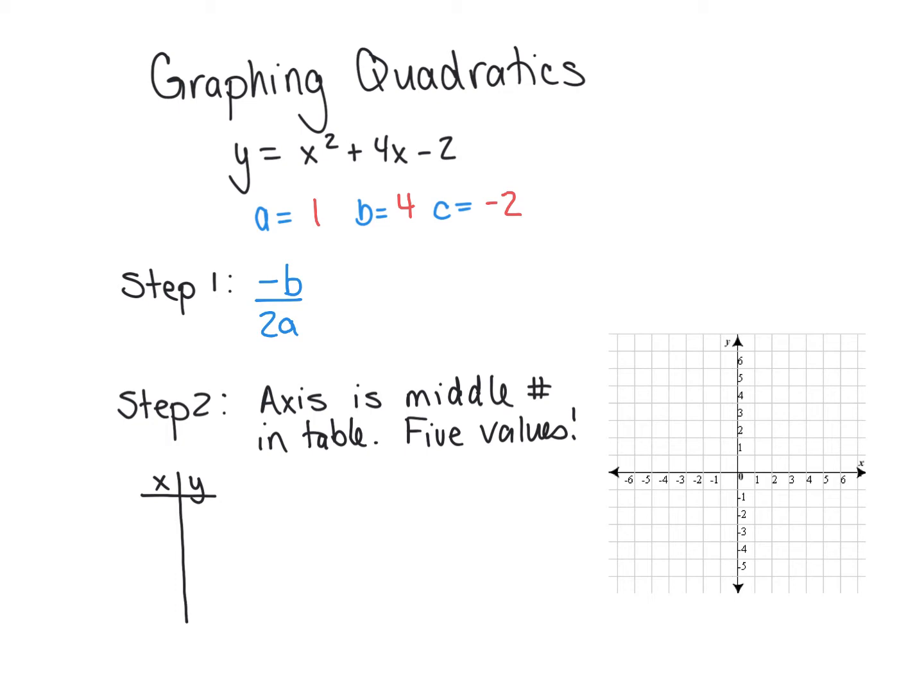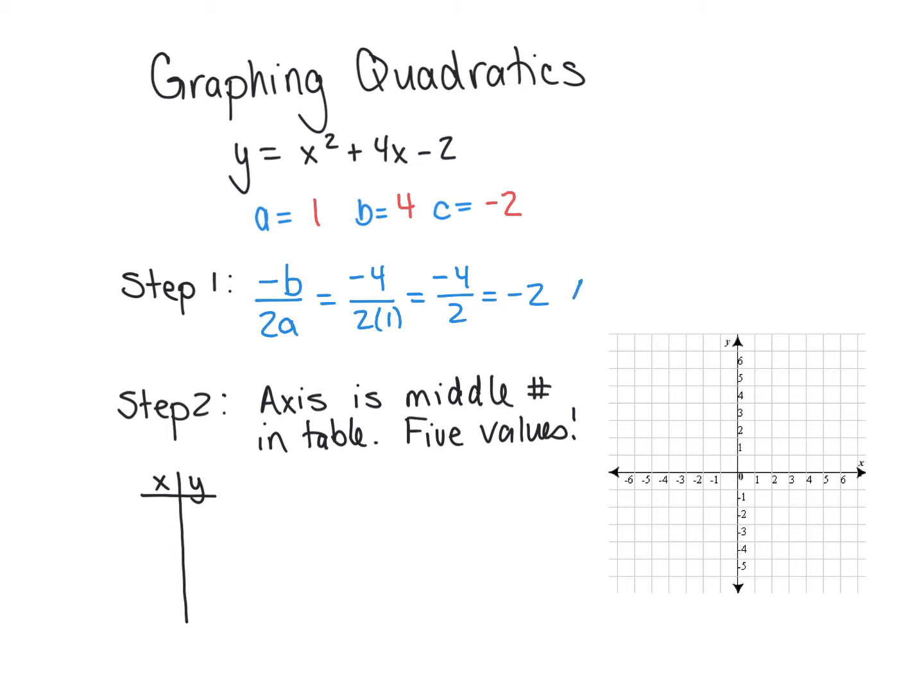So here you can see that our b is +4, so the opposite of +4 would be -4. And then our a here is going to be 1. When we plug these in, they are always numbers, they are never variables. So we're going to end up with -4 over 2, which is -2.